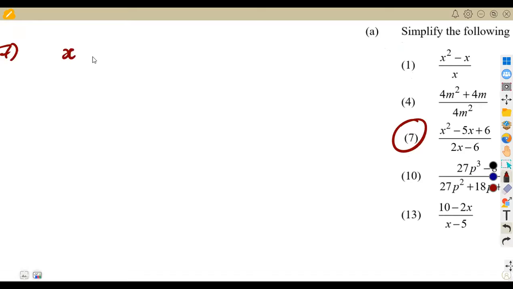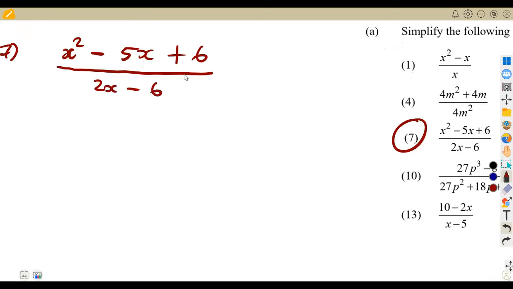We are given x squared minus 5x. In some of these questions, you can even check them. They were actually questions that we did exactly as they are. Some of these questions, I'm not saying all of them, but some. All right, anyways, we are supposed to do the same thing, factorize. The numerator can be factorized.